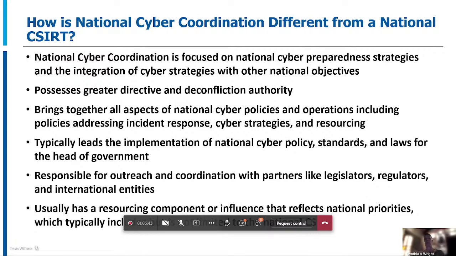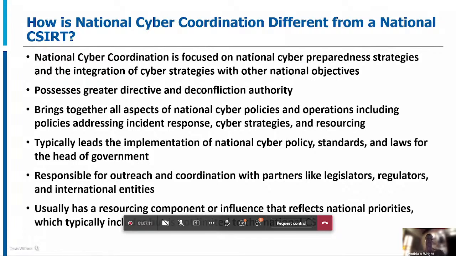The National Cyber Coordinator, in contrast, is focused on all of that plus more, particularly at the strategy and policy level. They are responsible for making sure that your cyber strategy is compatible with and supports your other national strategies. For instance, developing a digital economy or something like that. The National Cyber Coordinator can help align those functions.